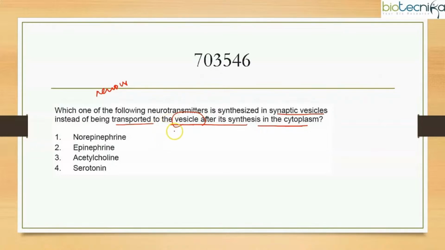But here there is one exception, where the neurotransmitter is itself synthesized in the synaptic vesicle. For this question, we definitely need to know the pathways that help in the synthesis of various neurotransmitters. Can anybody tell me the right answer?